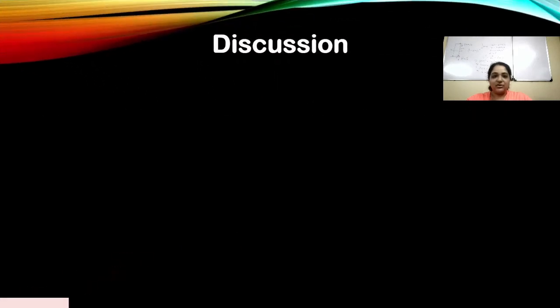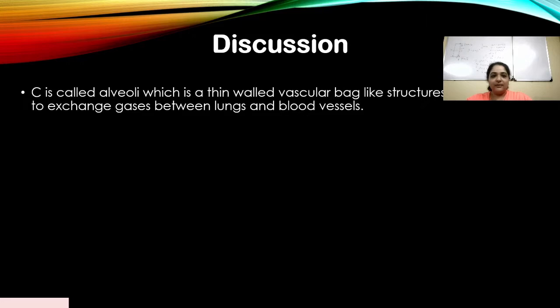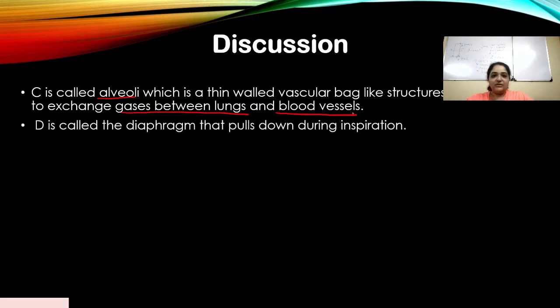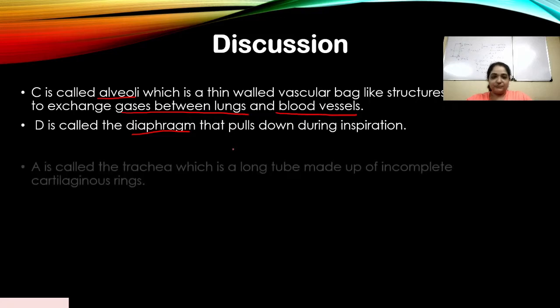Now let's look at the discussion here. Like I explained earlier, C is called the alveoli. It is a thin walled vascular bag like structure that is used to exchange gases between lungs and blood vessels. D is called the diaphragm that pulls down during inspiration.